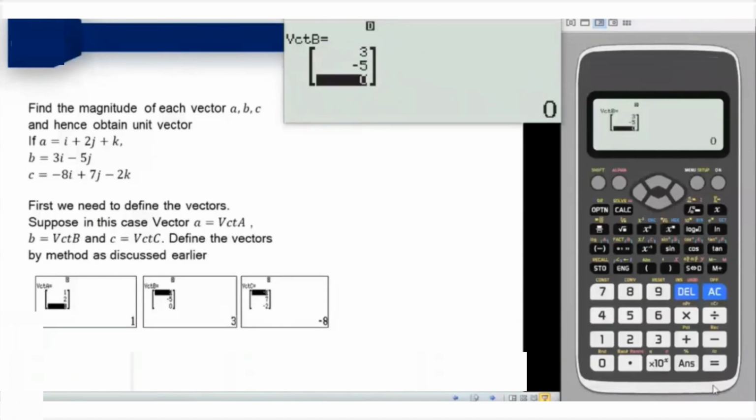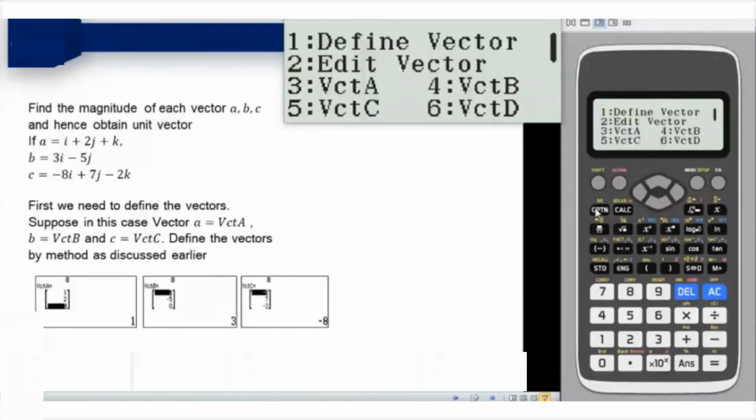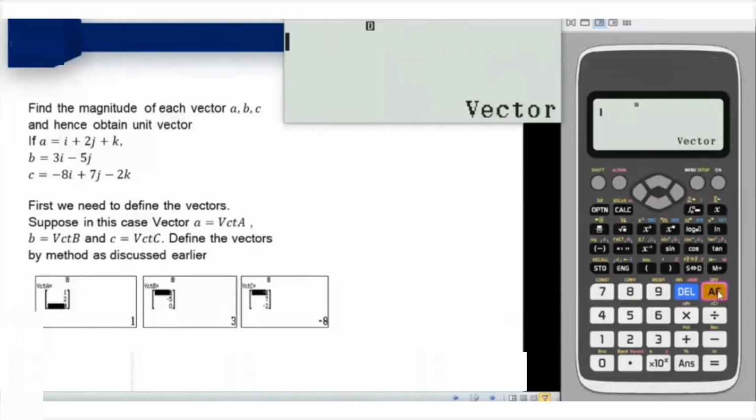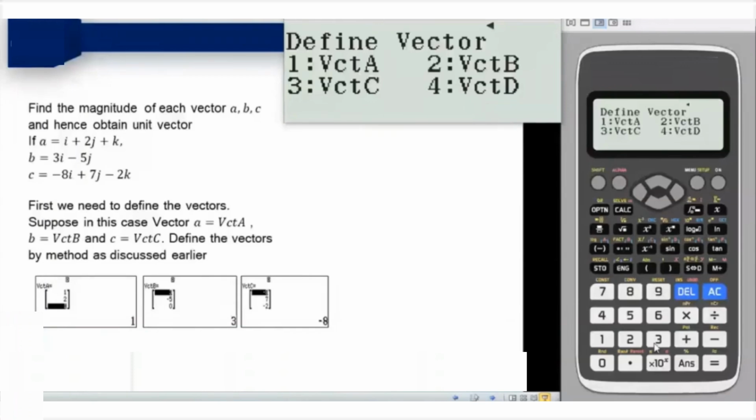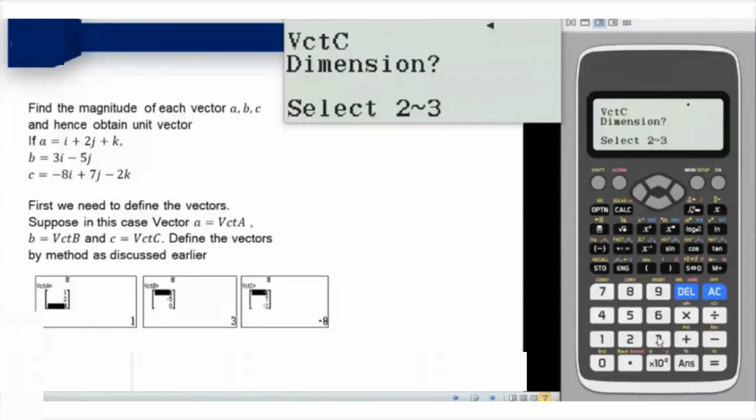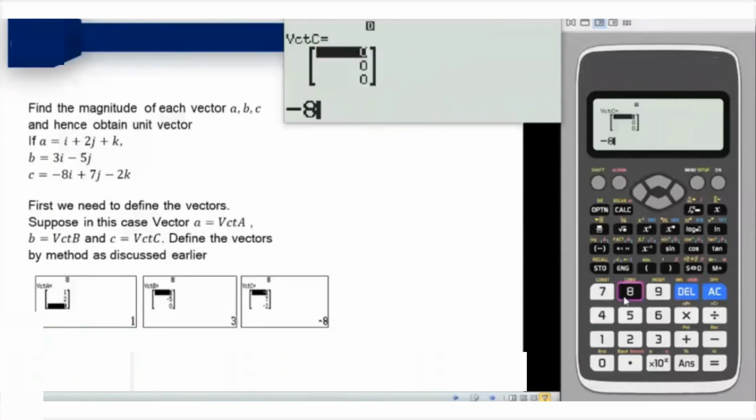Then I will define vector C, which is option 5, which is option 1, and then 3 is vector C. It's a three-dimensional vector. Minus 8 is equals to 7 is equals to minus 2 is equals to.